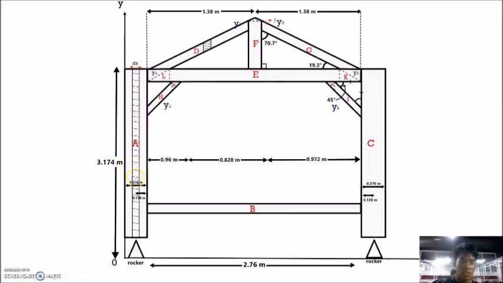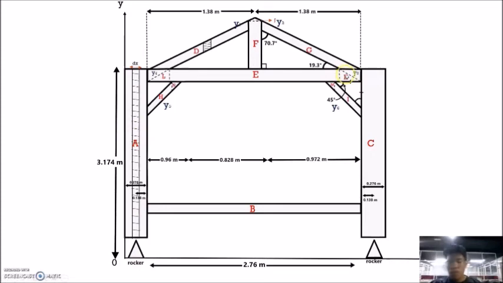The constant, which is ever so constant, is the height of the block A here, which is 3.174, all the way from the top here to the rocker below.